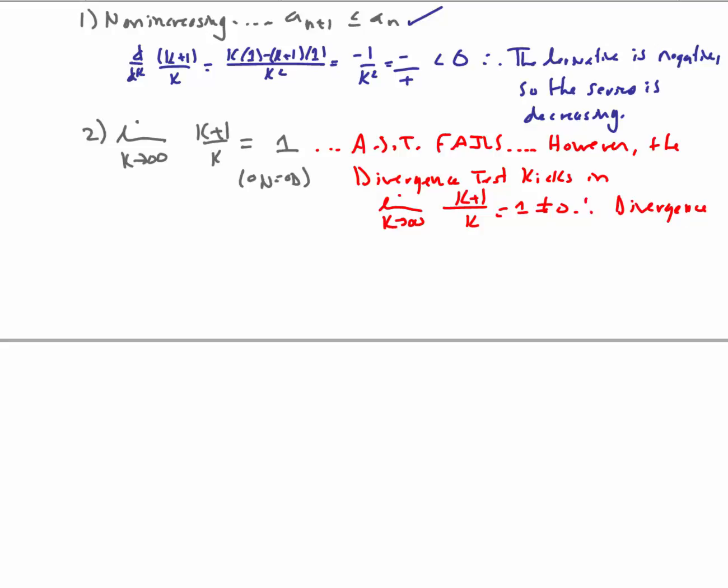So our conclusion then is the series, and this one was interesting because we got to create our own series, negative 1 to the k plus 1, I think this was k plus 1 over k, diverges by the divergence test.